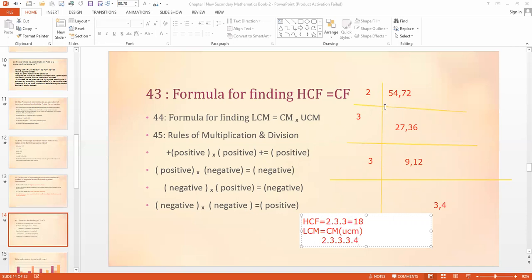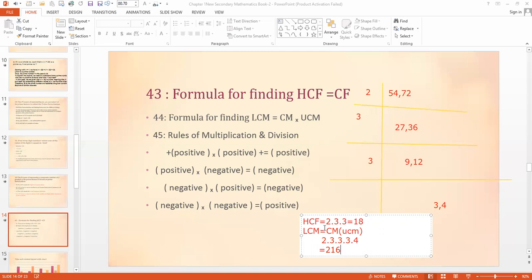Now multiply all these: 2 multiplied by 3, multiplied by 3, multiplied by 3, multiplied by 4. You will get 216. So this is its LCM.